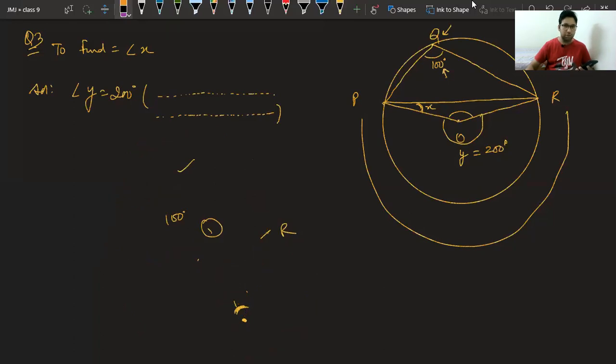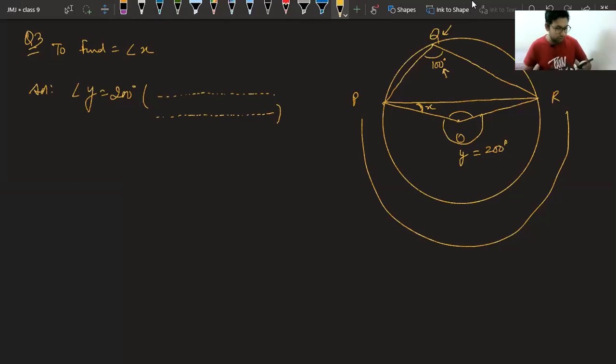Yes. Now tell me, what is the answer, class? What is the value of angle X? I hope all of you have found it. Yes, the triangle is isosceles. Before that, once we have found the Y, can we find W?